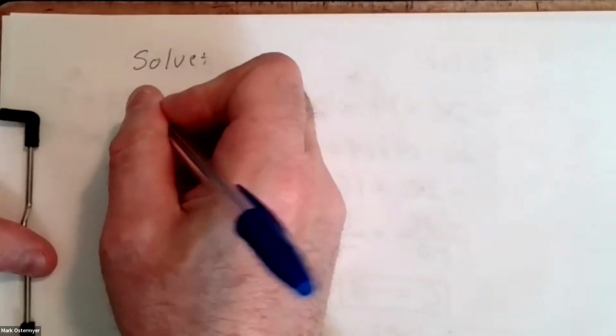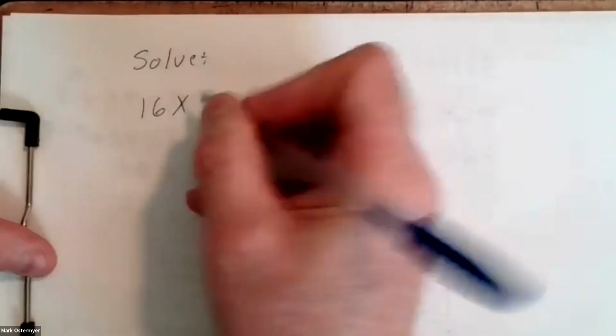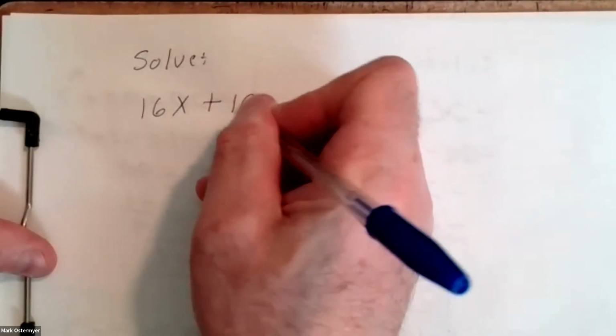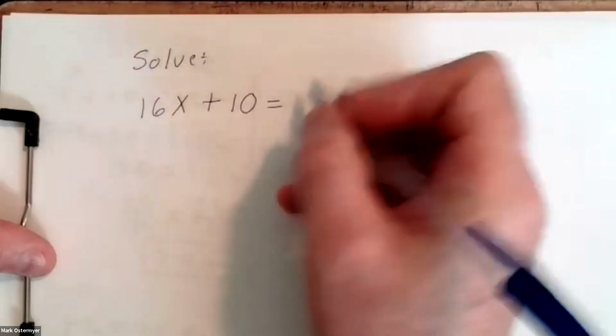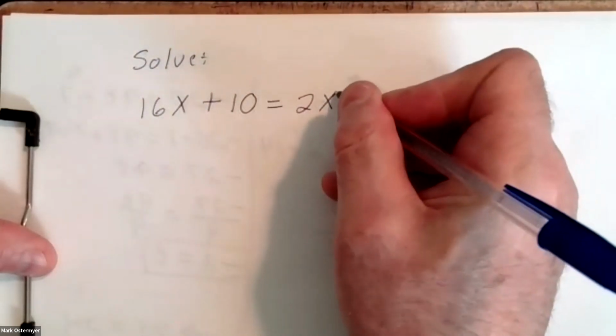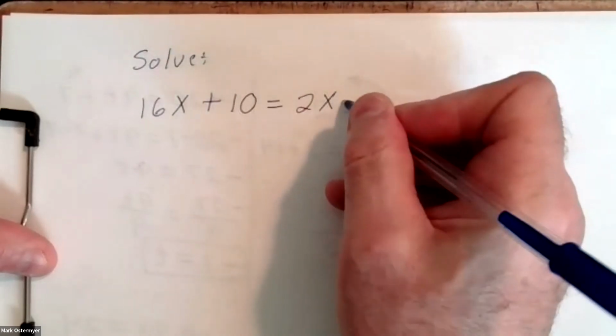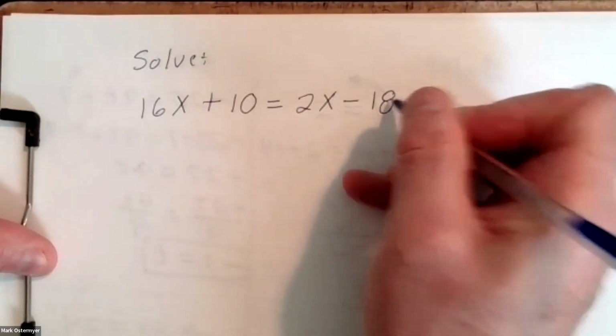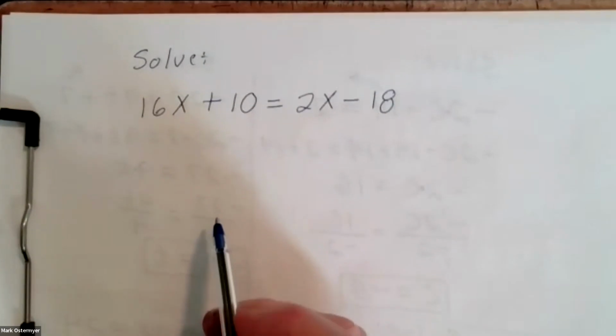So far, our variable has only been on one side of the equation. What if we have it on both sides? Suppose I want to solve this equation for x.